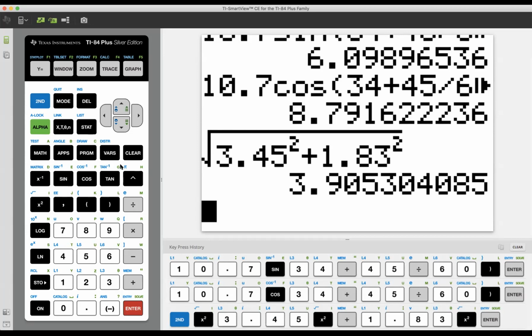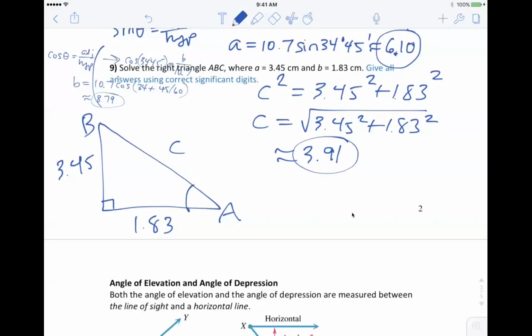Okay, so looking back at the image now, let's try to find angle A. Angle A, notice what we're given if we're thinking about angle A here. We have the opposite and we have the adjacent. So which trig function relates opposite and adjacent? If I think back of SOHCAHTOA, it's the TOA, which is opposite over adjacent, so tangent.